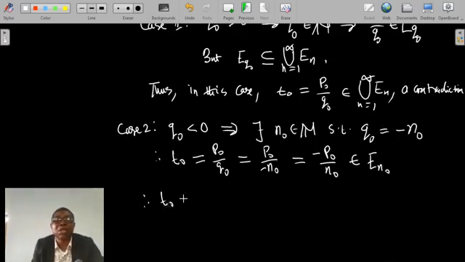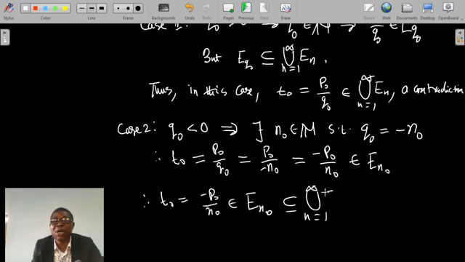Therefore, t naught, which is equal to minus p naught over n naught, belongs to E_{n naught}, which is again a subset of the union n equals 1 to infinity of E_n. And this is another contradiction.